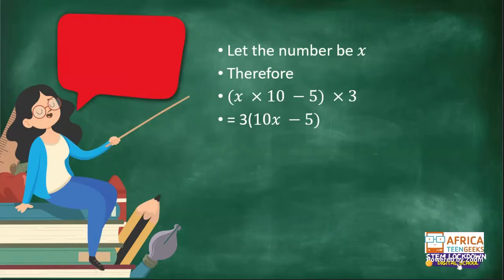Therefore, x times 10 minus 5. You see, so you are going to multiply the number by 10, and that number will be 10x. And of course, you subtract 5, and then you multiply everything by 3 there. So you can see that we have multiplied everything by 3, then the expression becomes 3 into 10x minus 5. That's the first example of our revision.